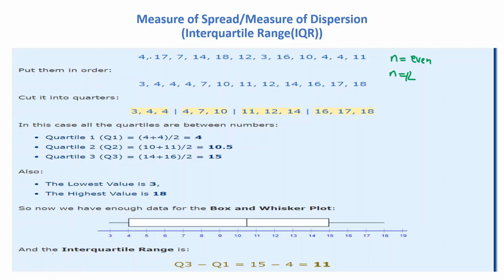First we need to arrange this data in sorted order, in increasing order, from 3 till 18. After that we need to divide this data into 4 quartiles.